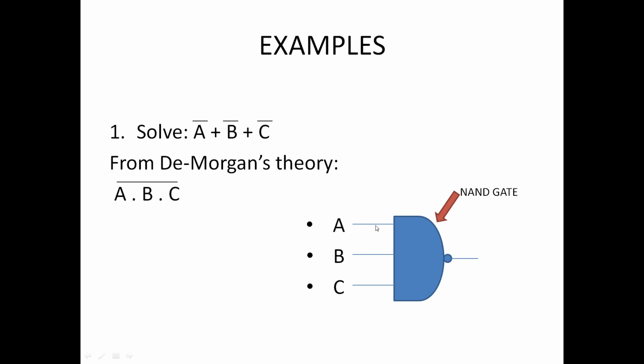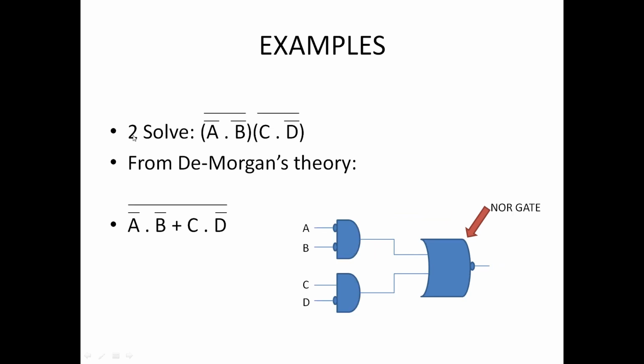So we have A and B and C all negated to give us an output of not A and B and C, which we have here. If you take a look at this statement and express it schematically, you'll see that it is more preferable to implement this diagram than the diagram of this. We have 2 components in this diagram, and we are going to have 1, 2, 3, 4 components in this diagram.